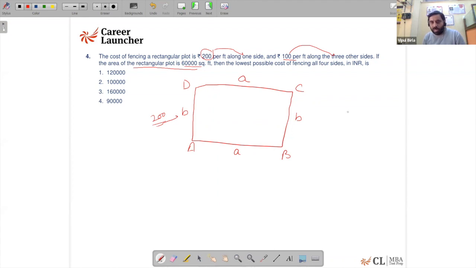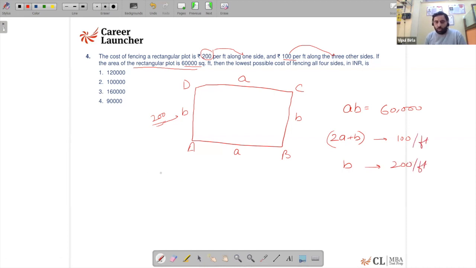And they have also given that the area, that is A into B, is 60,000. Okay. And I know for the sides A and B, that is 2A plus B, the cost of fencing is rupees 100 per feet, while for the side B, the cost is 200 per feet.